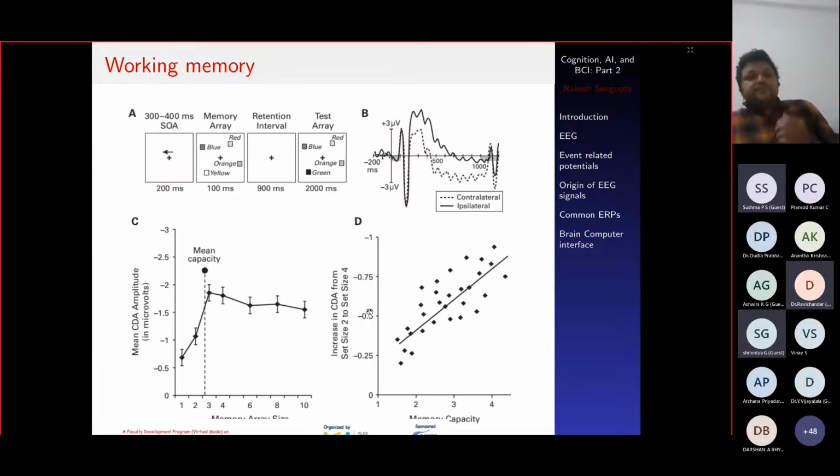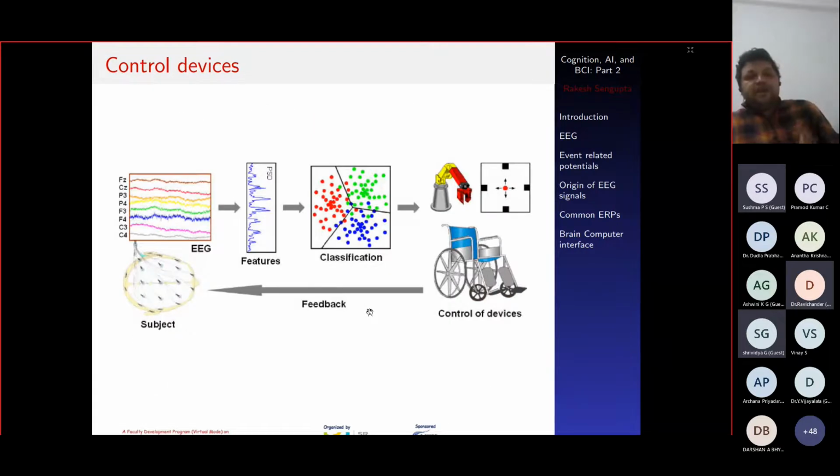But yeah, now what happens when we want to control devices using these specific EEG signals from our brain?